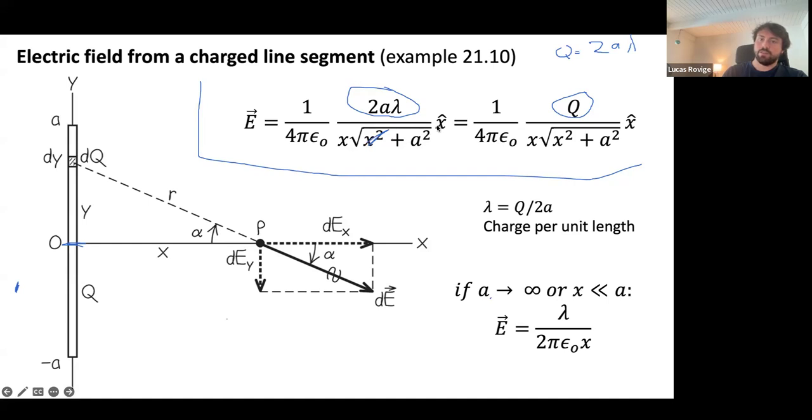And so the a comes out, simplifies, and you just get a dependency in lambda divided by x. And so the electric field decreases as a function of 1/x when you get away from the line, if it is infinitely long.